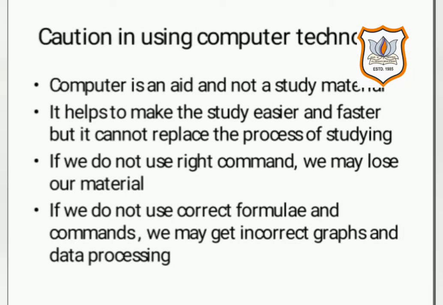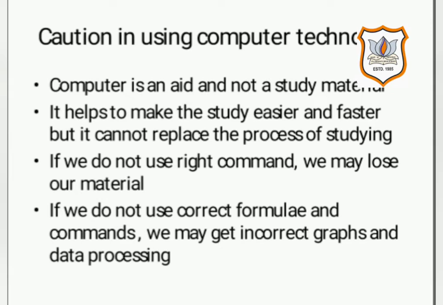Now talking about caution in using computer technology, what points we should consider while using computer technology. First one is that computer is an aid. That means it is just a helping tool for studying, but it is not a study material by itself.